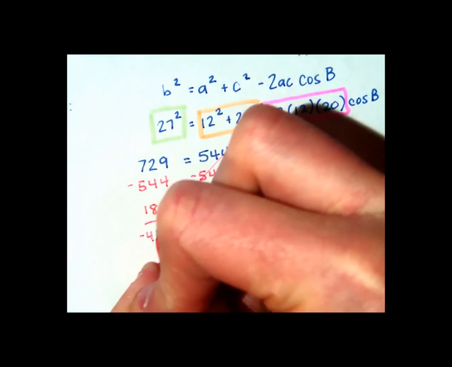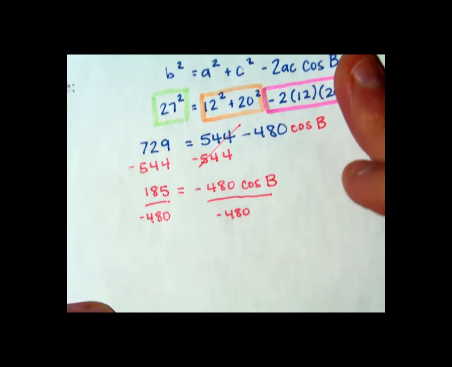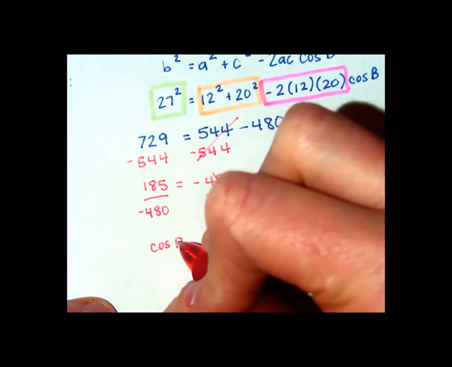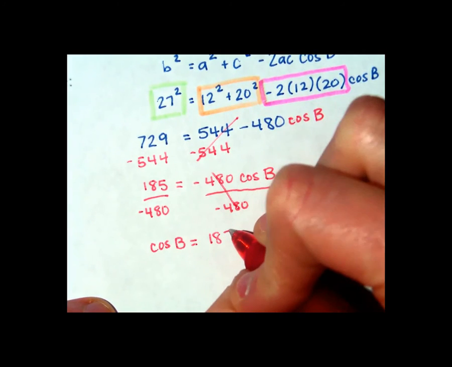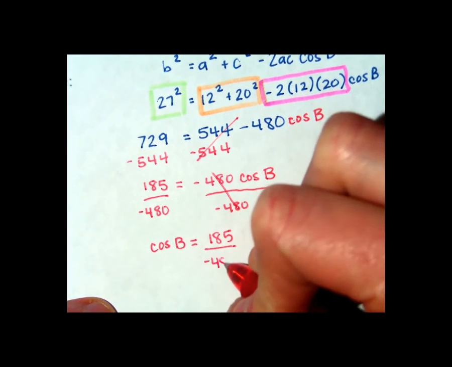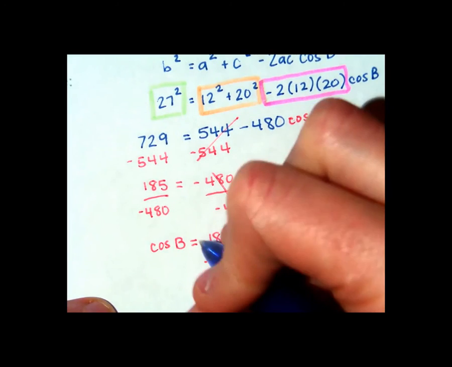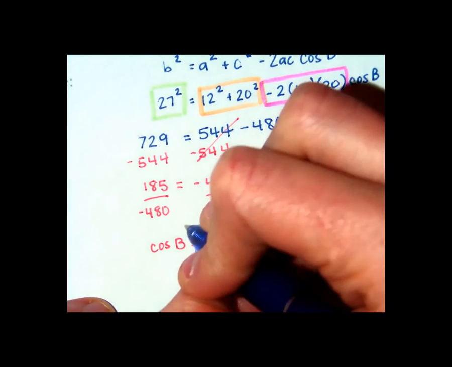We are not actually going to type that in. Wait a minute. That then means that cosine of B equals 185 over negative 480. How do I get B by itself? Inverse.